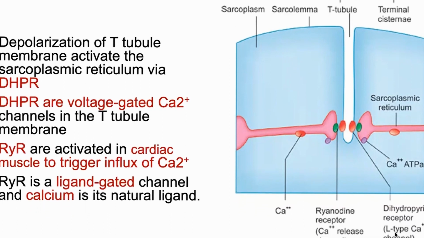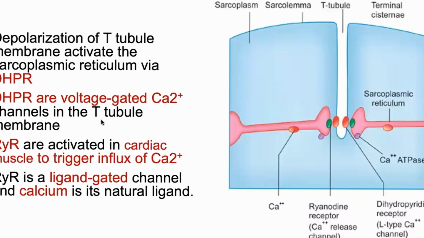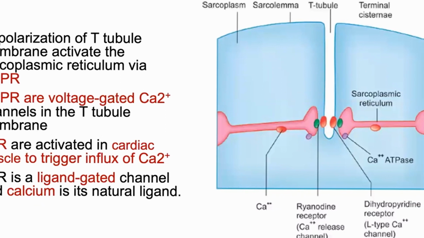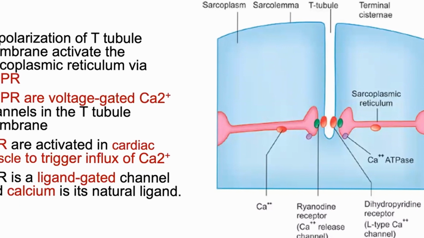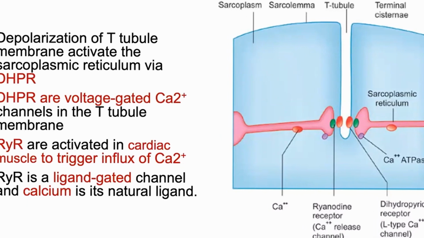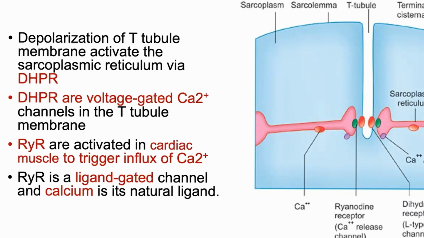This is a calcium channel receptor. Dihydropyridine receptors are voltage-gated calcium channels in the T-tubule membrane, and the ryanodine receptors are also calcium channel receptors. They're active also in the cardiac muscle, and then trigger the influx of calcium.